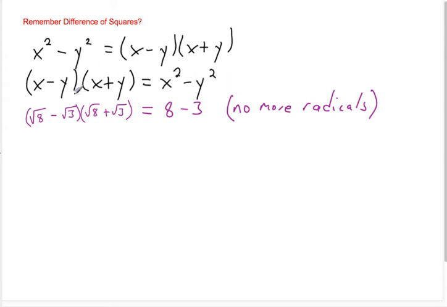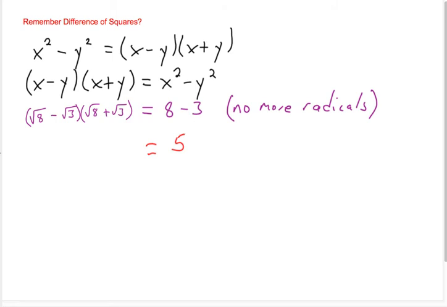So the benefit of that with radicals is if you have this x minus y times x plus y, in this case here, the x is root 8 and the y is root 3, when you multiply this root 8 times another root 8, you get just 8 without the radical. And so here we have 8 because we're squaring it. Squaring a square root is kind of the inverse, so we just get the number that was in there initially. So we have 8 minus 3, and there's no more radicals, which is cool. So that's just 5, right?